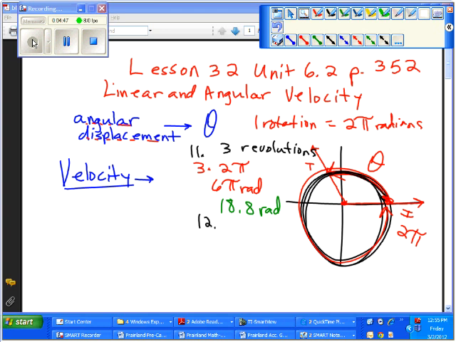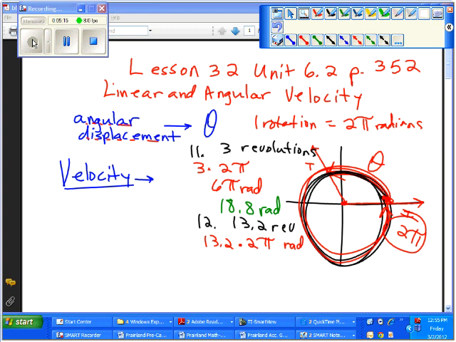Let's look at number 12. Number 12 said 13.2 revolutions. And so again, we would take the number of revolutions and multiply by 2 pi, because one revolution is a full circle, which is 2 pi radians. The radians are understood when you stick the pi there.